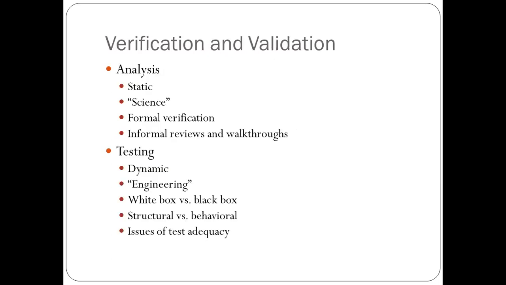Now you can see verification and validation. We will do the analysis. During the analysis phase, there are a few points: static analysis, formal verification, informal reviews, and walkthroughs. We will do a static analysis, and then at point 2 we will check our algorithm, whether whatever we have designed is working properly or not.